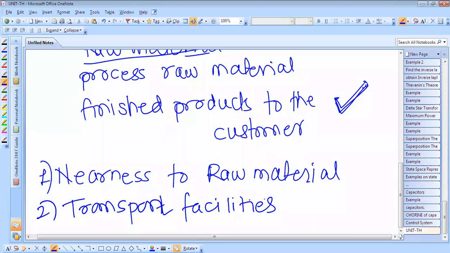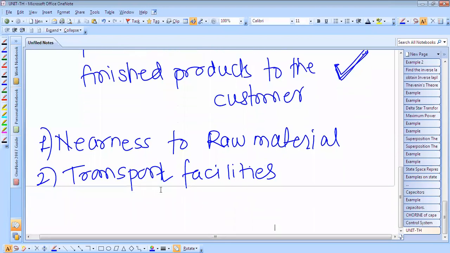So whatever the cost required for the manufacturing of the product, the transportation cost should be fairly small. Suppose it is a mobile manufacturing company.